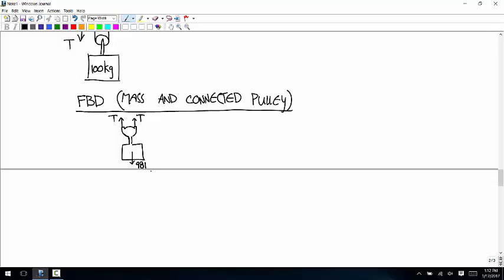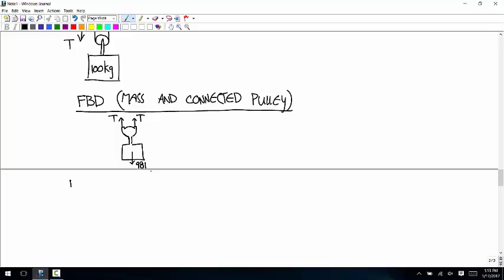So that's all part of our chosen body. And so what really happens at this contact is we're talking about the place where the part of the cable that we've chosen contacts the part of the pulley that we haven't.